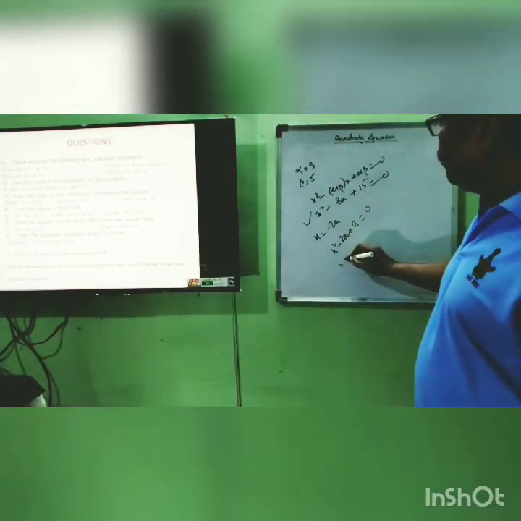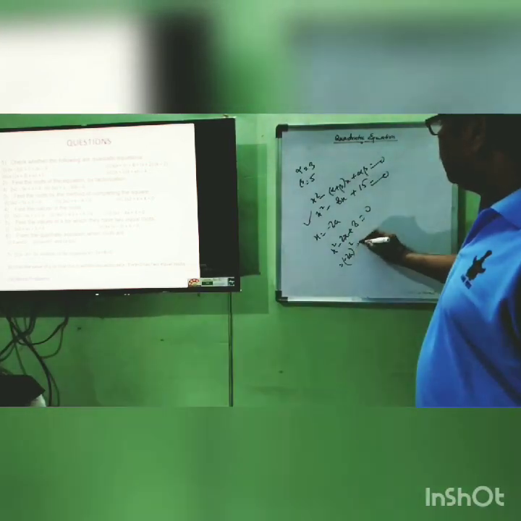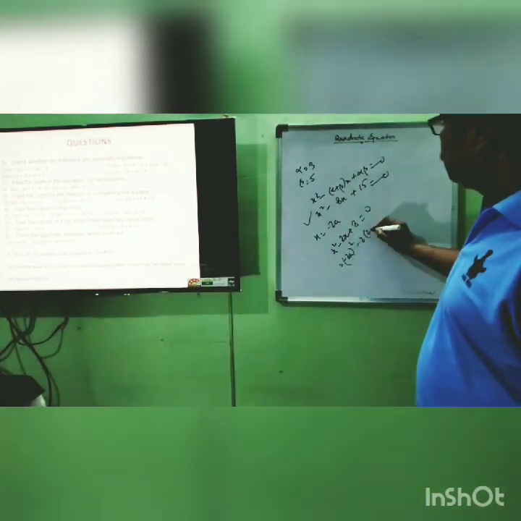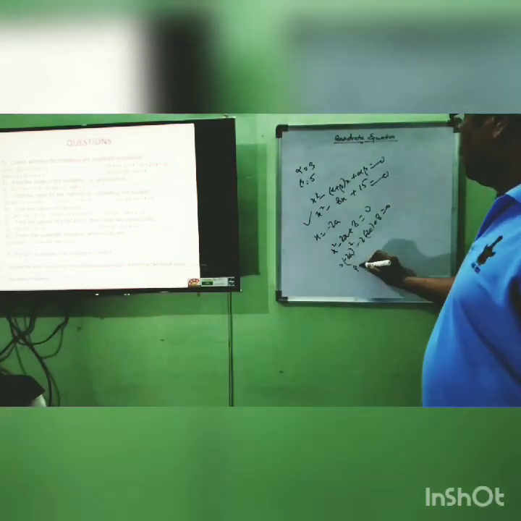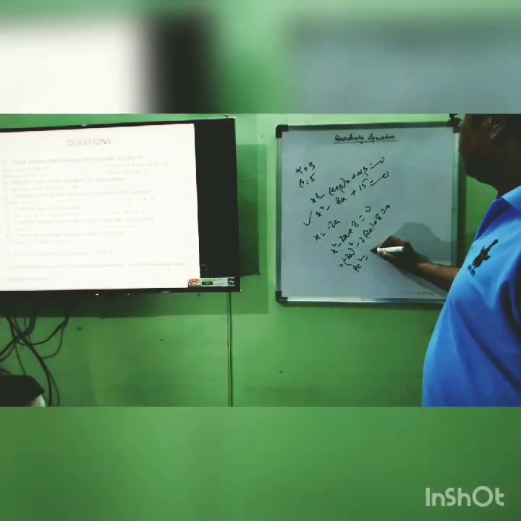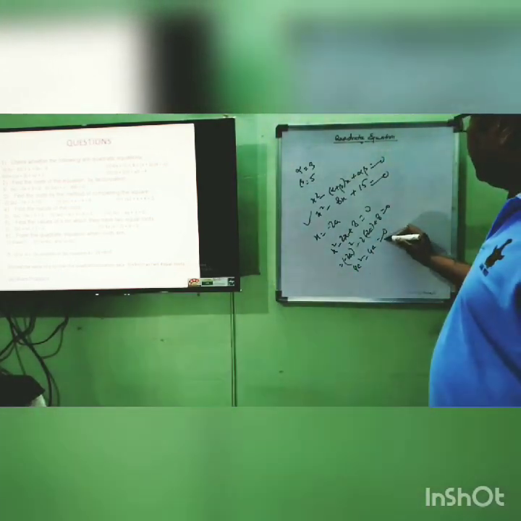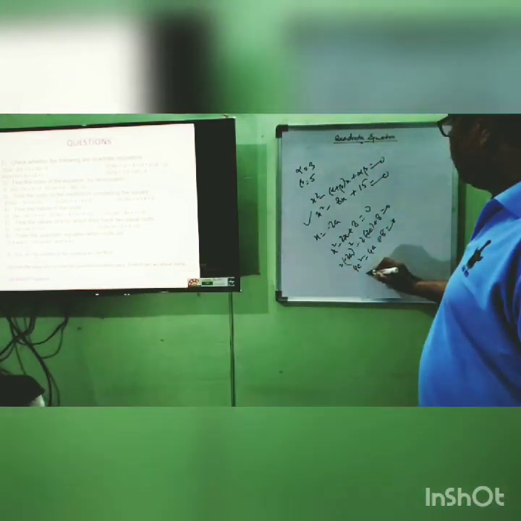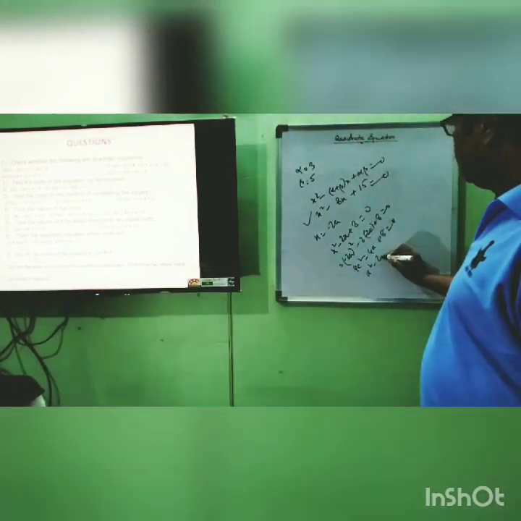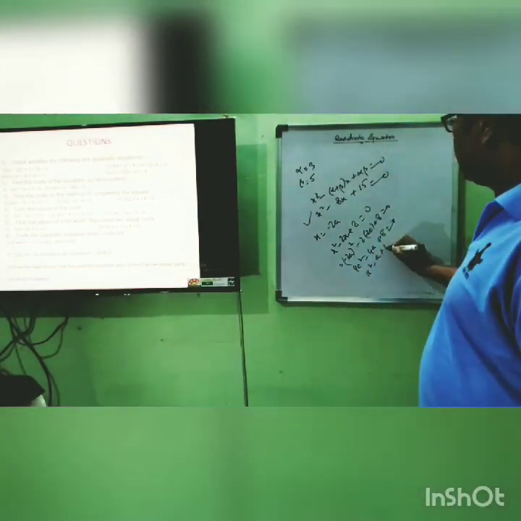So put the value of minus 2a, and you get 4a square plus 4a plus 8 equal to 0, so 2a square plus a plus 2 equal to 0.